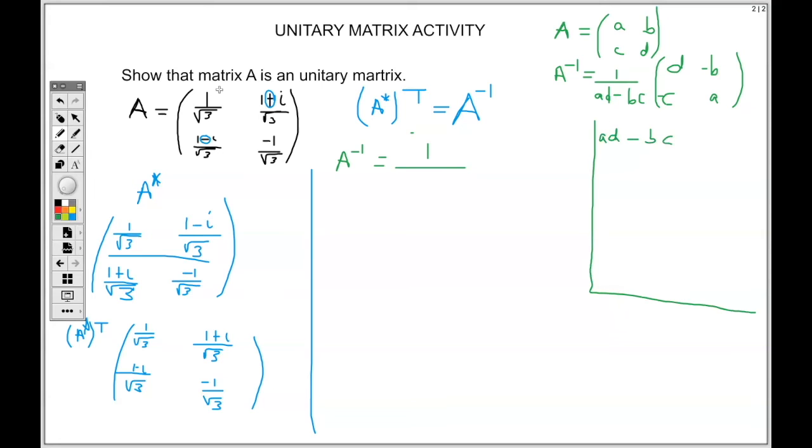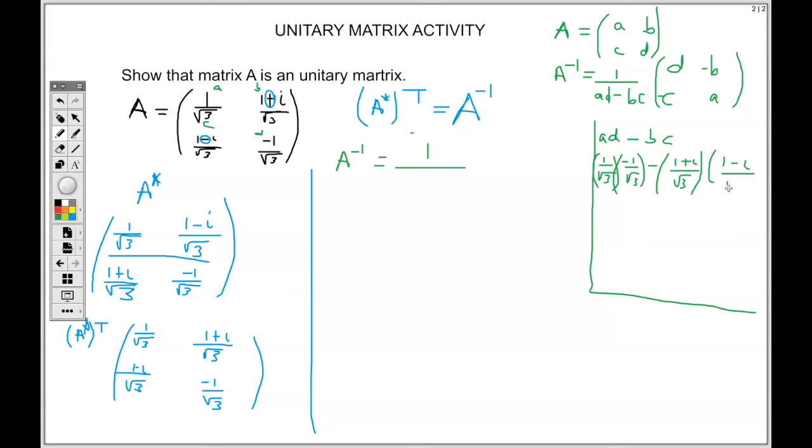Let me label matrix A. So I'll have A, B, C, D. So the determinant is AD, so it's 1 over root 3 times -1 over root 3, and D is -1 over root 3 that I have here. BC, so I have (1 plus i) over root 3 times (1 minus i) over root 3.